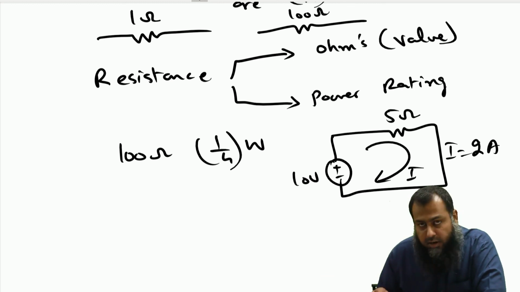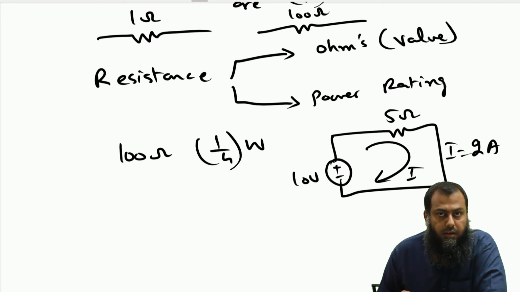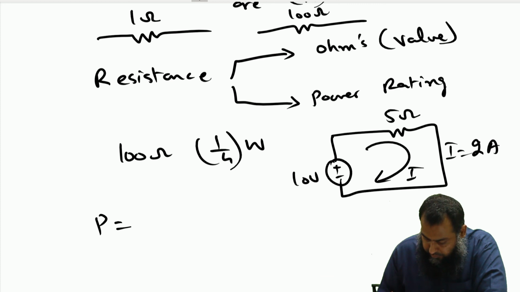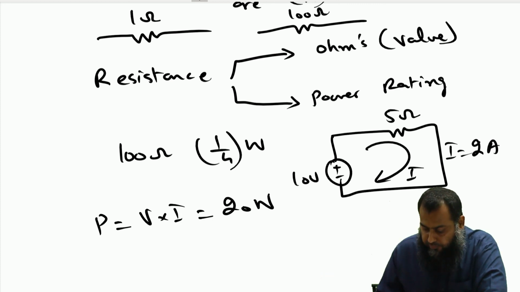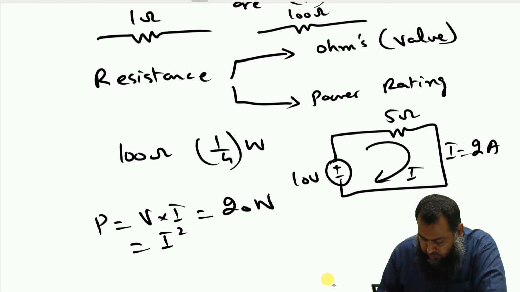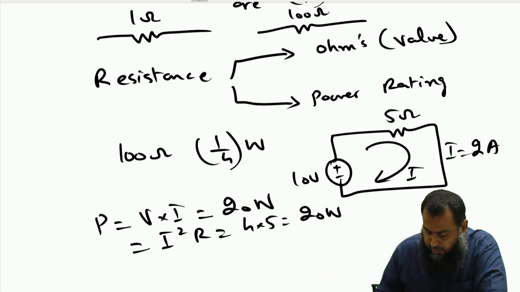But what about the power rating of this resistance? The power rating required here is P equal to V into I, which is equal to 20 watt. The same thing can be calculated by multiplying I square by R: 4 times 5 also gives me 20 watt.